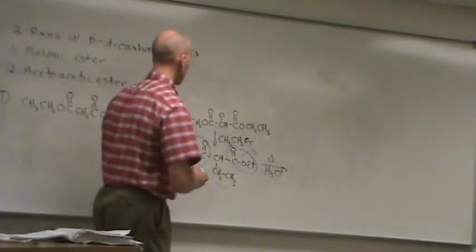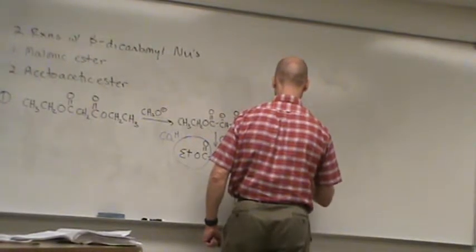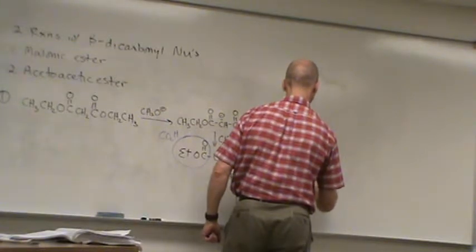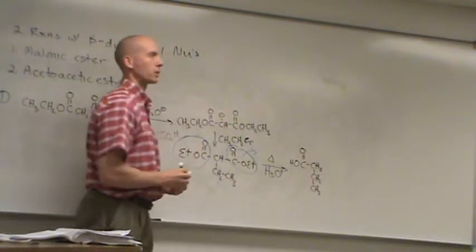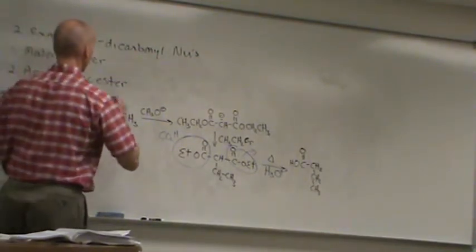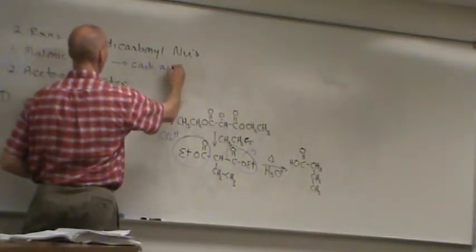Okay, and so we end up with something like this. Okay, so we get a carboxylic acid. So this was the whole setup of the malonic ester. It gives a final product of a carboxylic acid.